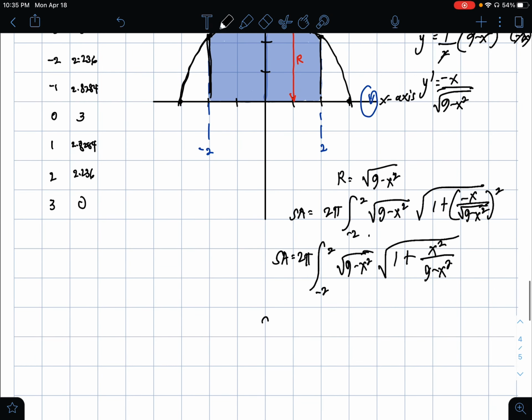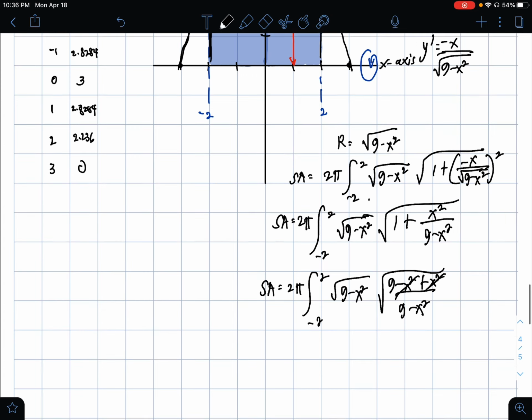So simply, SA is equal to 2 pi, from -2 to 2, square root of 9 minus x squared. Then simplifying this, it becomes 9 minus x squared. Sorry, 9 minus x squared plus x squared rather, right? Alright.